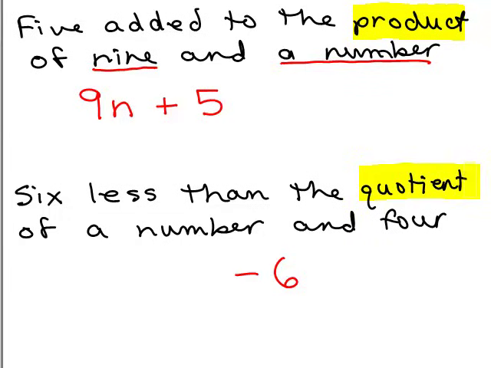We write that as a fraction bar, and we have the number and 4, so we'll put n in the numerator because that comes before the word and, and the 4 in the denominator. So we've got n over 4 minus 6. So now we've written 6 less than the quotient of a number and 4.